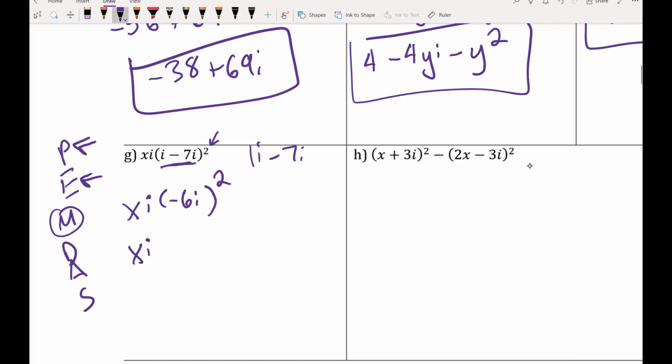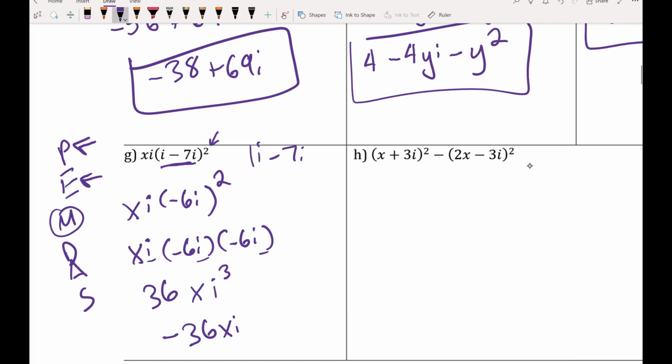So this is just xi, 6i times negative 6i. Negative 6 times negative 6 is positive 36. i times i times i is i cubed, and I've got an x there. And again, remember that i cubed simplifies to just negative i. So your final answer is negative 36xi.